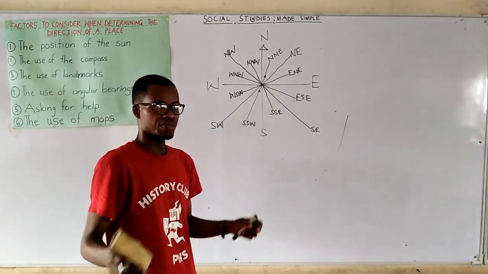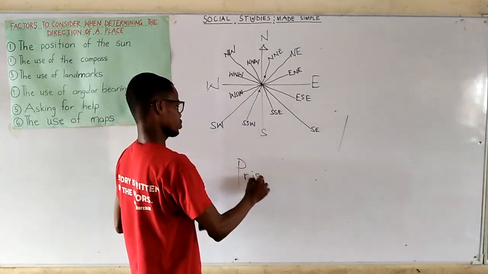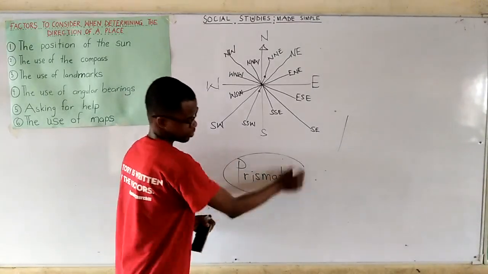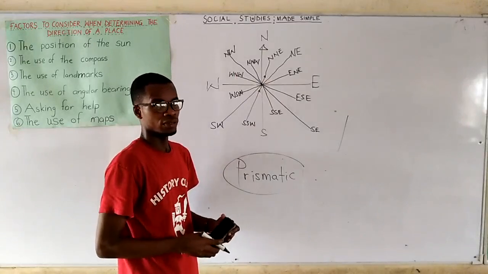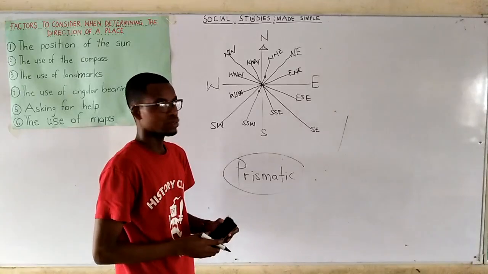So when you pick up a prismatic compass, so the word is prismatic, you have to get all these positions on it, or these points. Good.